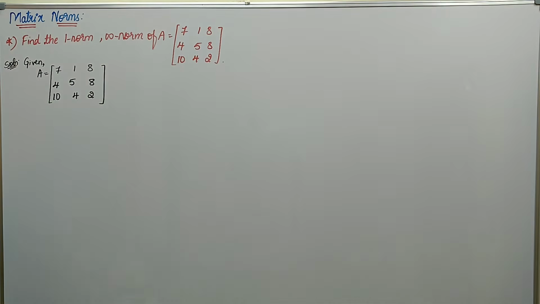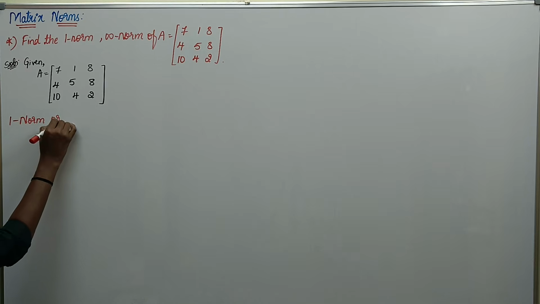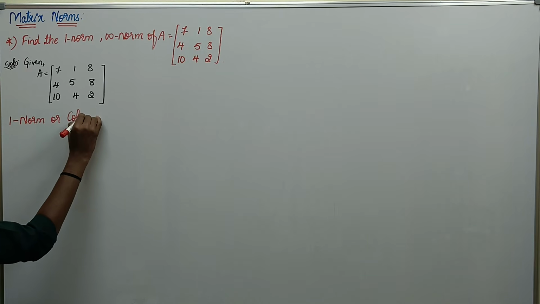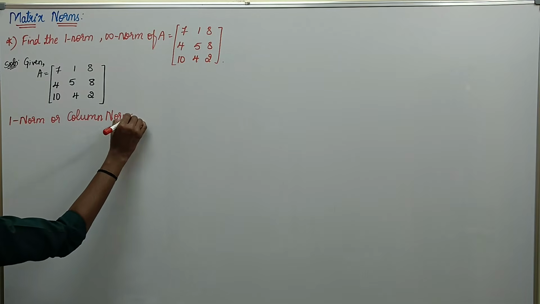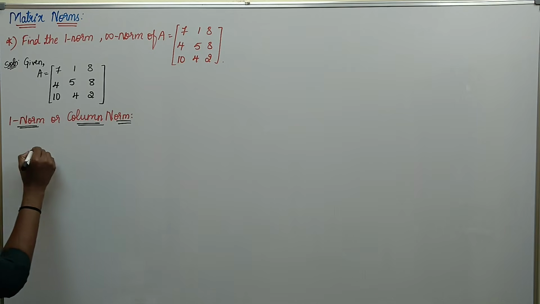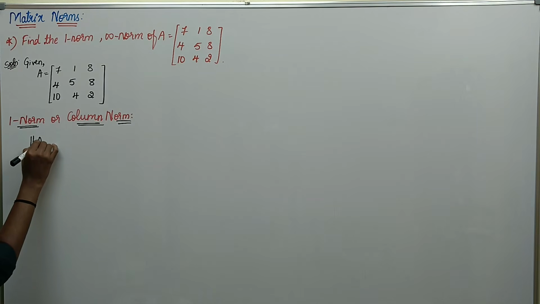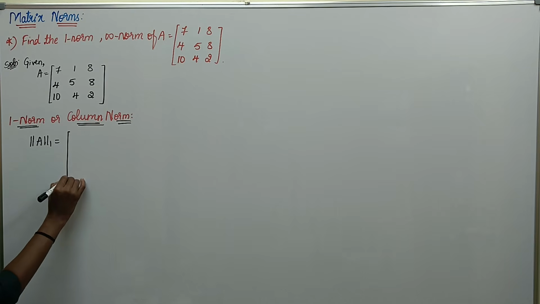First, let us find one norm, or column norm. To find this one, that is norm A1, which is equal to, you need to add column wise.